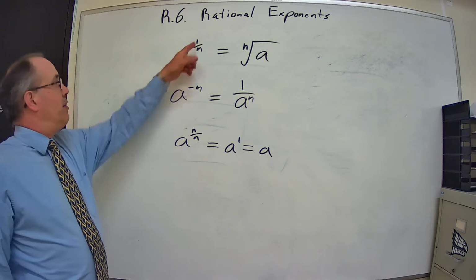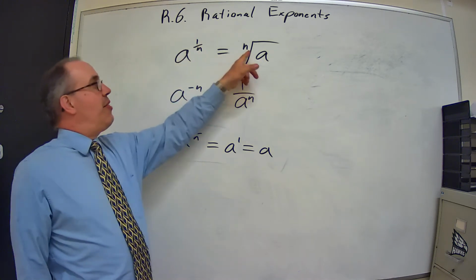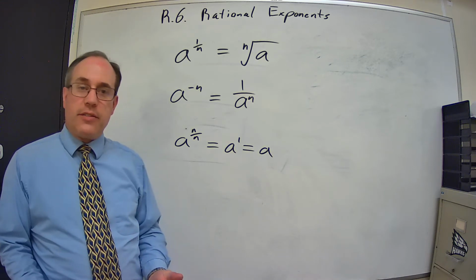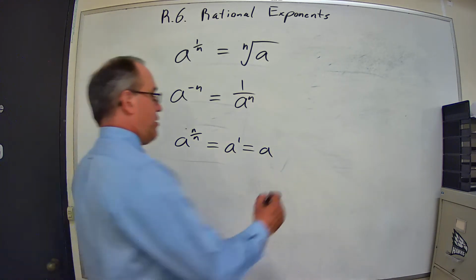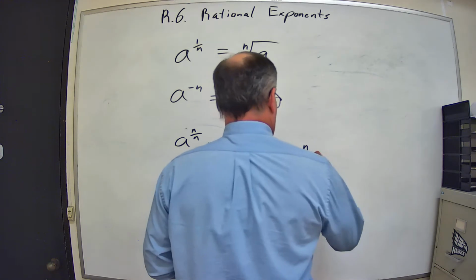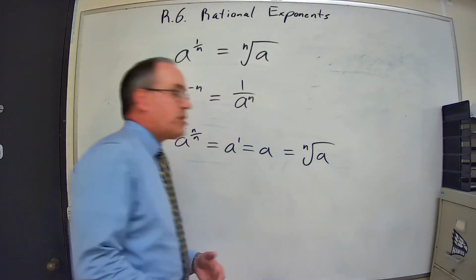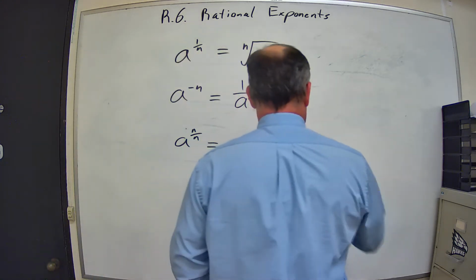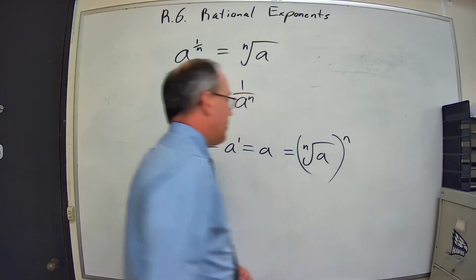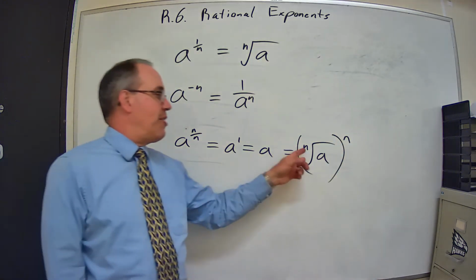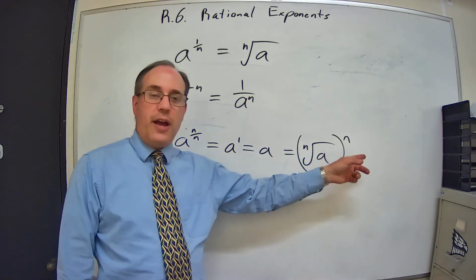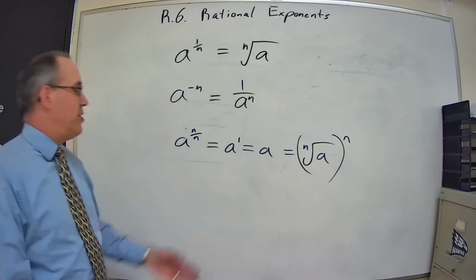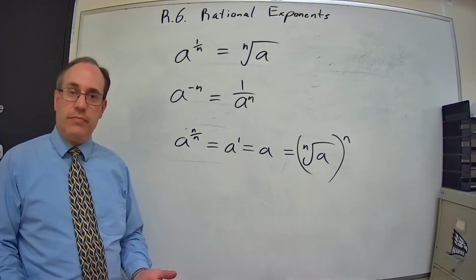Well, if 1 over n is the nth root of a, what's going to reverse that process? What's going to reverse that is raising it to the nth power. If you take the nth root of something and then raise it to the nth power, the nth index and the nth root cancel each other out, and you end up with the original value.